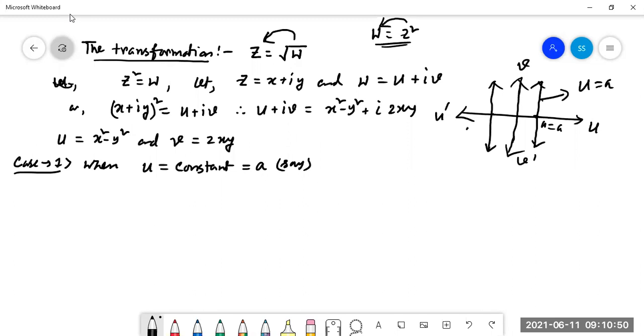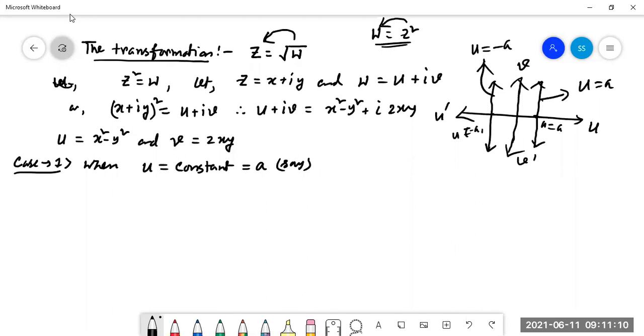Otherwise, if we take U equal to minus A, then it is the U equal to minus A line. So in both cases, when U equal to constant, it is nothing but a straight line parallel to the V axis.